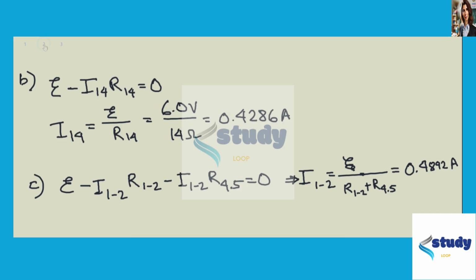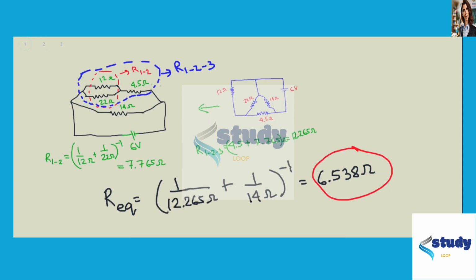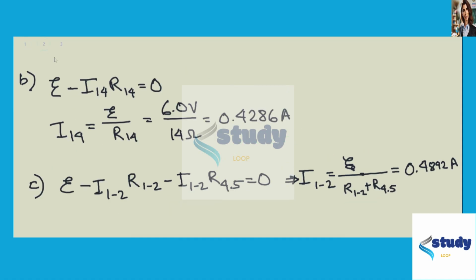Now for part B, we need to find the current that's going through this 14 ohm resistor. So we can apply Kirchhoff's loop rule on this loop, and if we do so, it's going to be psi minus I14 times R14. So I14 is the current that's passing through the 14 ohm resistor.